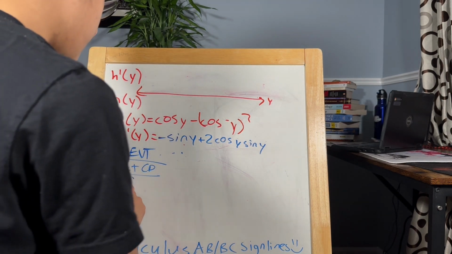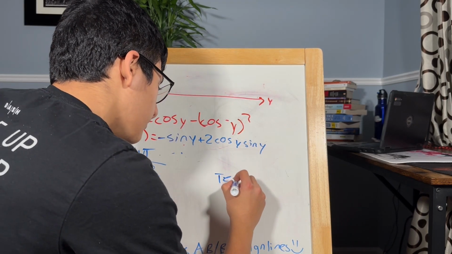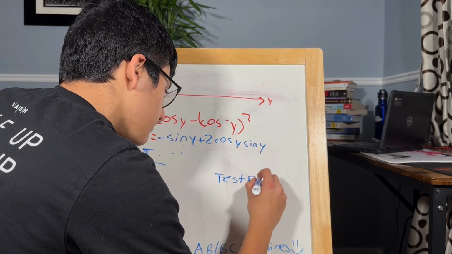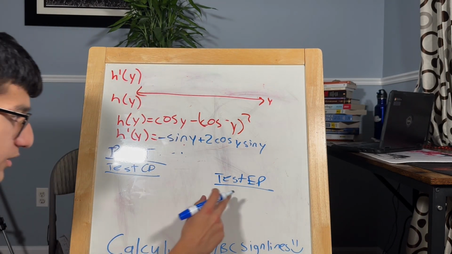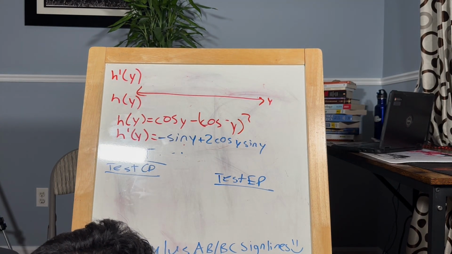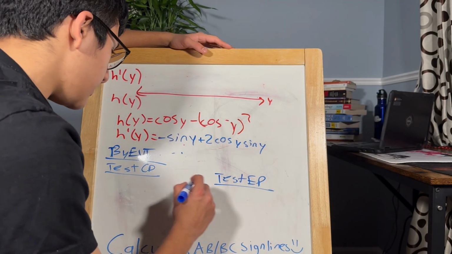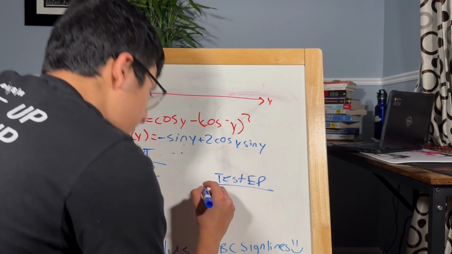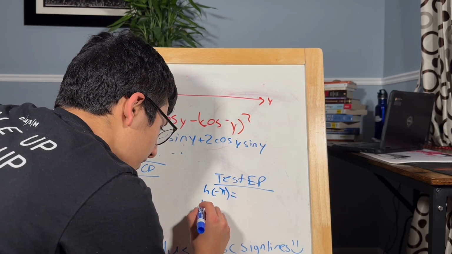So we have to find, using the sign line, those critical points, but then we test endpoints. So test endpoints. It'd be h of negative pi, which you can calculate manually.